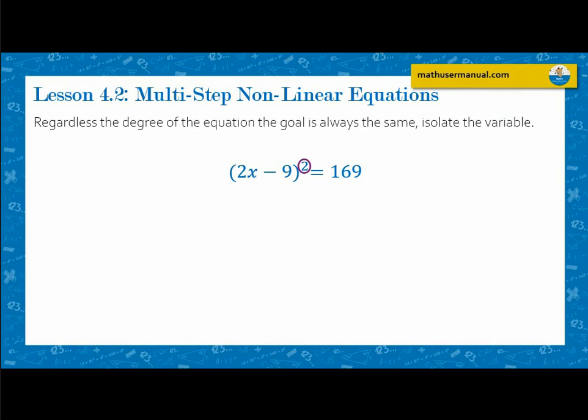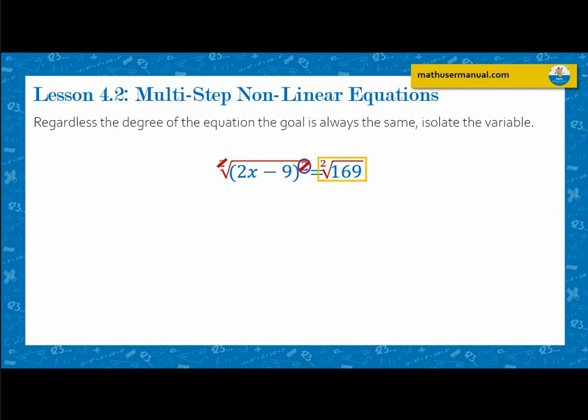And the way we have been practicing, the opposite or the inverse operation of an exponent is a radical. So if we have an exponent of 2, we make a radical 2. That way, the radical and the exponent cancel. But if we do a radical 2 or a square root in this case, on the left side, we must also do it on the right side.